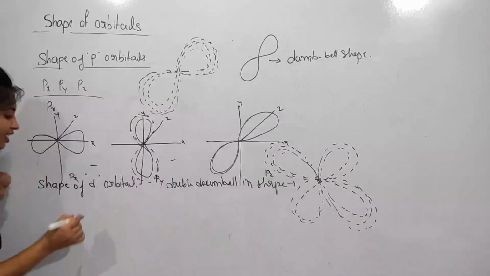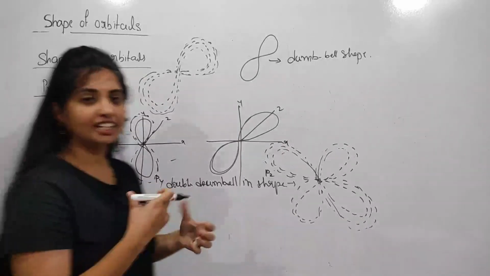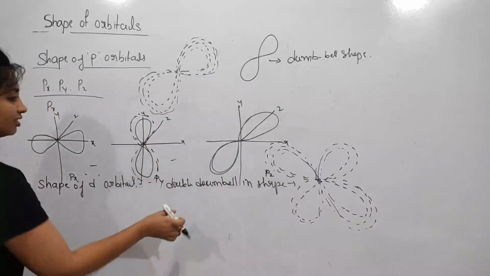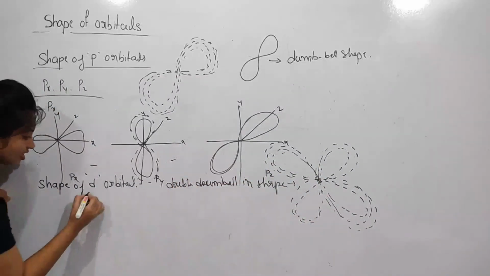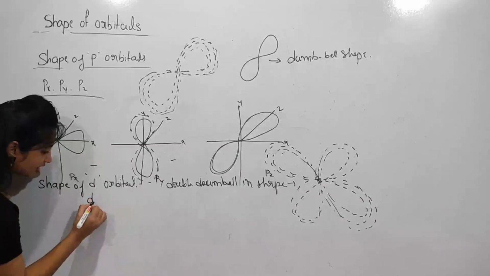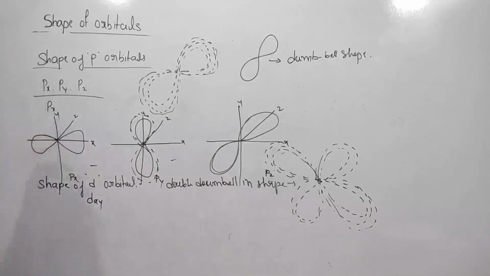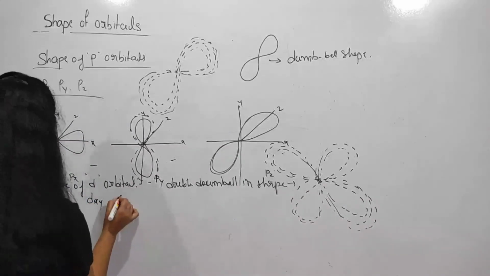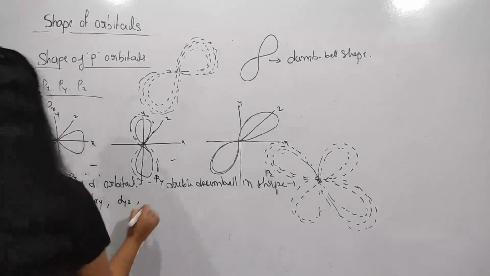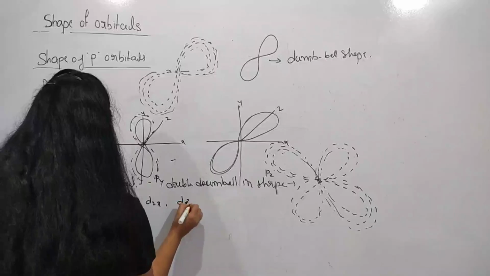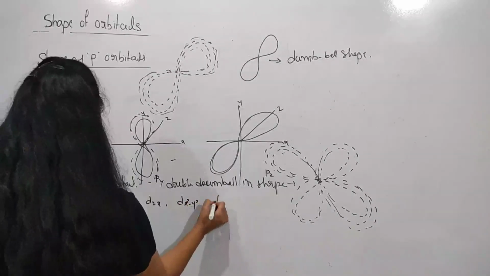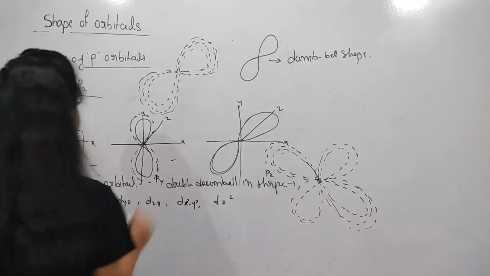We are having totally 5 orientations of these double dumbbell shaped d orbitals. Those are the dxy orbital, and next the dyz orbital, the dzx orbital, the dx square minus y square orbital, and the dz square orbital.